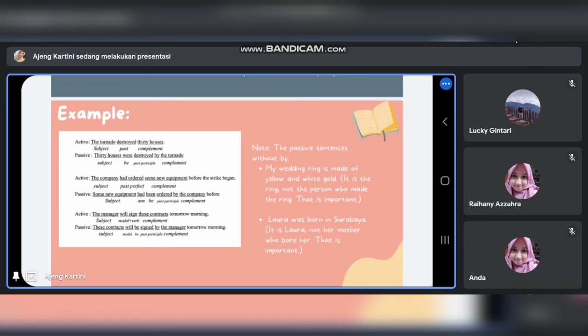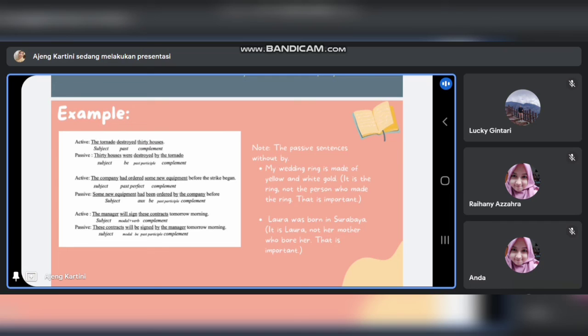For example, the passive voice: a great deal of property is destroyed by hurricanes each year. And now the past sentence of active voice, and we want to change it to passive voice. Here's the example. In the active sentence, the tornado destroyed 30 houses. And we change to passive voice, 30 houses were destroyed by the tornado.